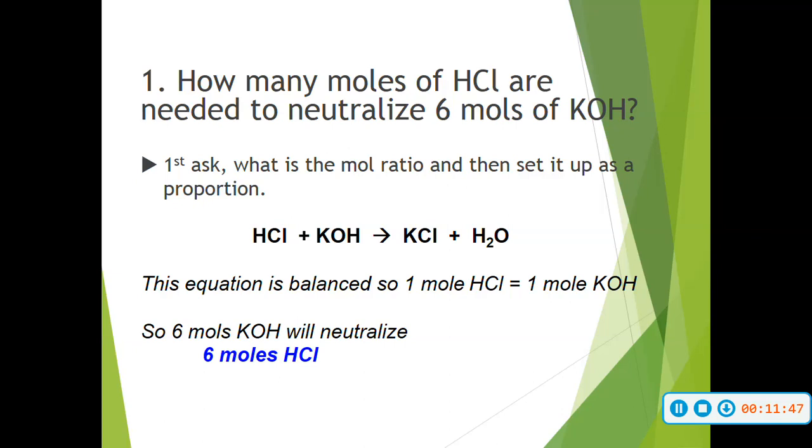Since we are given 6 moles of potassium hydroxide and it's asking for how many moles of hydrochloric acid are needed, our balanced equation is telling us that our mole to mole ratio is we need 1 mole of hydrochloric acid for every 1 mole of potassium hydroxide. So if we have a 1-to-1 ratio, then we need 6 moles of hydrochloric acid as well to neutralize 6 moles of KOH.